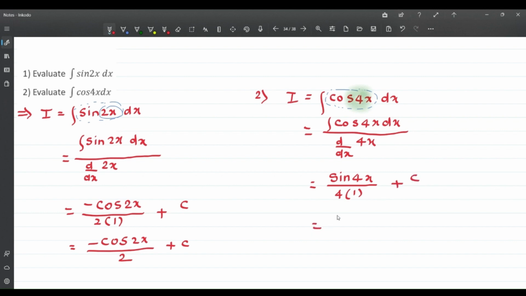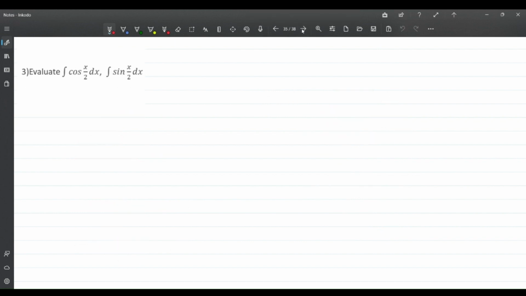So the final answer is sin 4x divided by 4 plus c. As you can see here, the integration of cos is sin 4x divided by the coefficient of x, that is 4, plus c. You can cross check it by this shortcut.